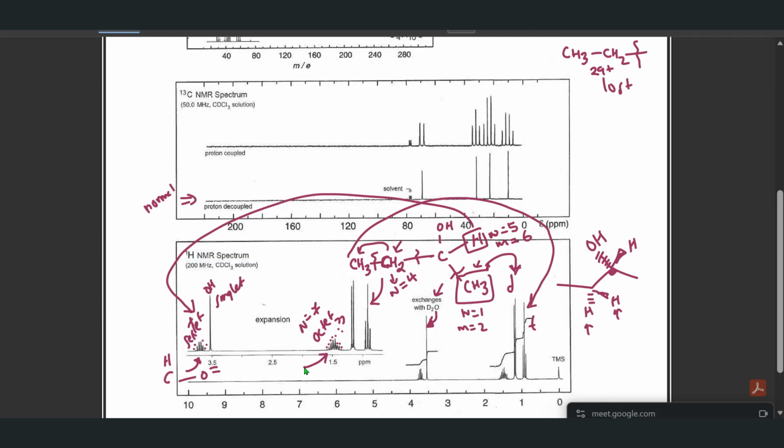So they're different, so they'll split each other. So imagine this being split to a quartet, but because there's another 1 there, N equals 1, the quartet becomes multiplied by 2, you get an octet, and that is the effect of diastereotopic hydrogen. So this has to be the structure.